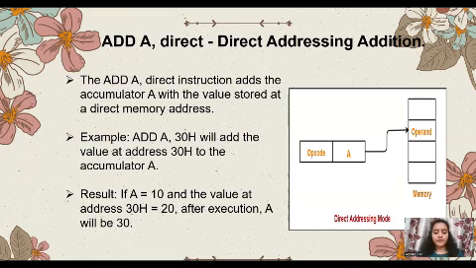Result: if A is equal to 10 and the value at address 30H is equal to 20, then after the execution A will become 30. Why? Because I am taking A equal to 10 and the 30H value as 20, and adding both, I get A equal to 30.